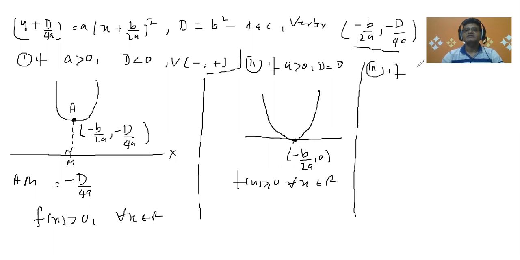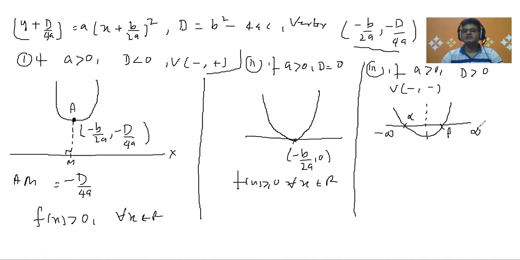Now in the third case, if a is greater than 0 and d is greater than 0, we can see that the vertex is going to be, since a is greater than 0, this will remain negative, and here d and a, this will again remain negative. So in this case the parabola will be like this because it will lie in the third quadrant. So it is having a root alpha and this root is beta, from minus infinity to this, and this is up to infinity.